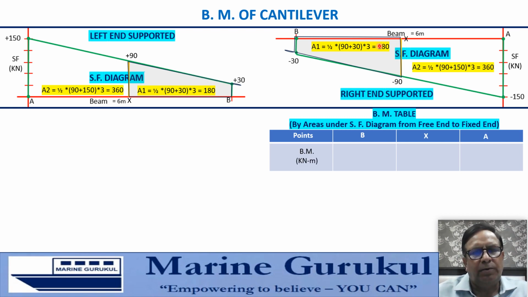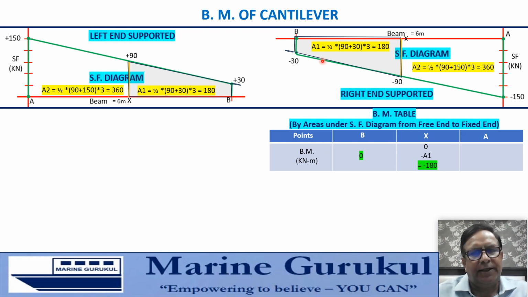Units of BM would be kilonewton meter. Now the area under the SF diagram to the left of B is 0. We carry forward 0 and now we are going from left to right. Change in area from B to X is this area A1 on the negative side. It will result in negative BM because going from left to right, so minus A1.